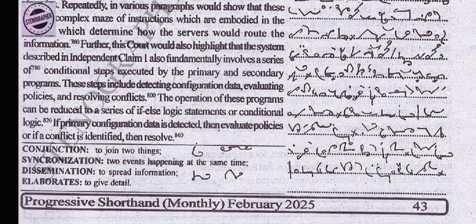The operation of these programs can be reduced to a series of if-else logic statements or conditional logic: if primary configuration data is detected, then evaluate policies, or if a conflict is identified, then resolve.